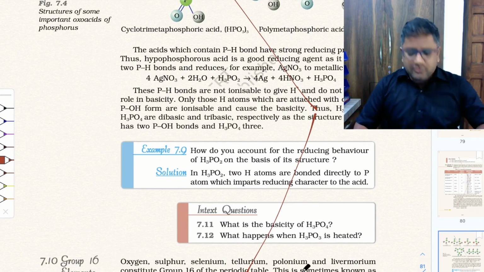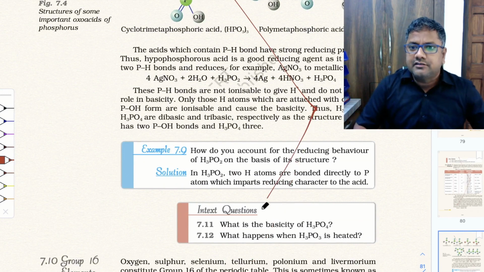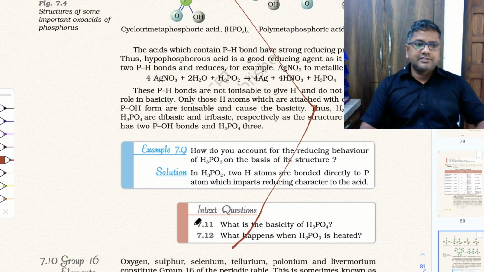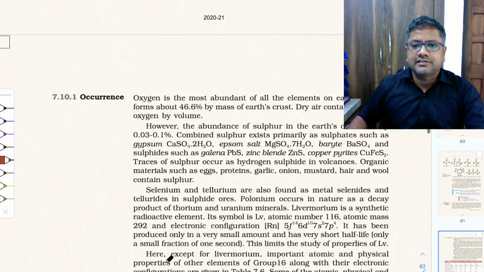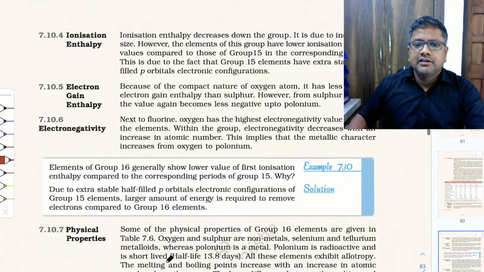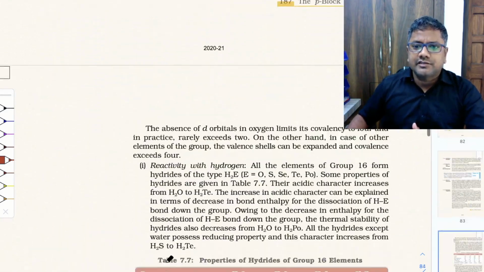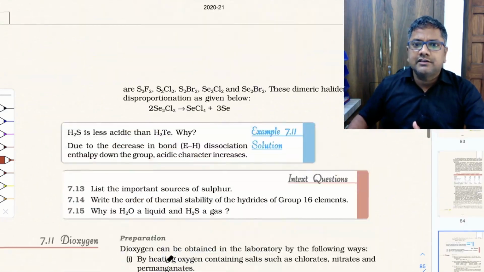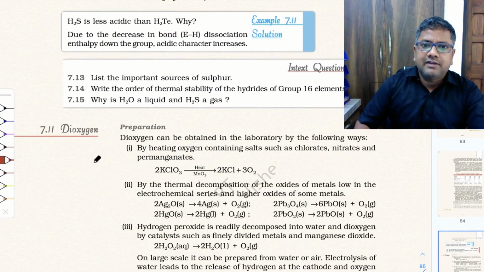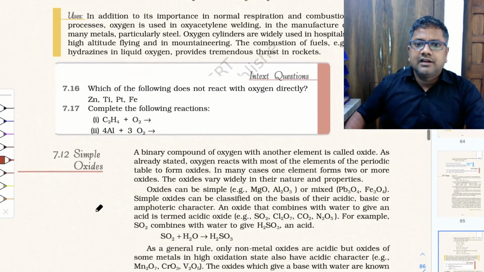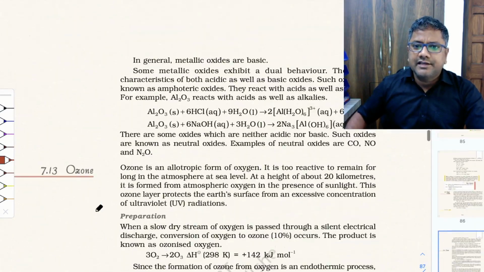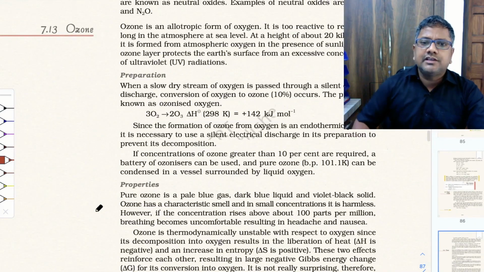Right? Now see group 16. Come to the group 16. In group 16 you have this oxygen related general properties. Ozone is there. Preparation of dioxygen, it is in your syllabus. And simple oxides, okay. Ozone is there.